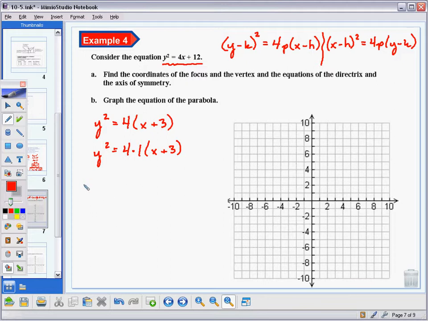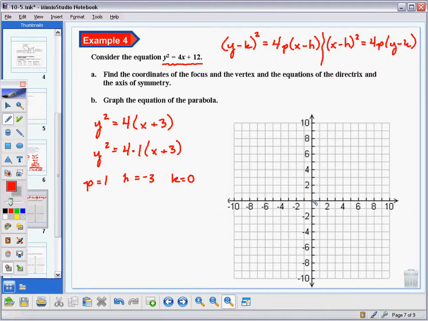Now I have a p-value. The p in this case is 1. My horizontal shift is going to be a negative 3, since this would be x minus a negative 3. So my h is a negative 3. And there is no k value listed, so my k is 0.